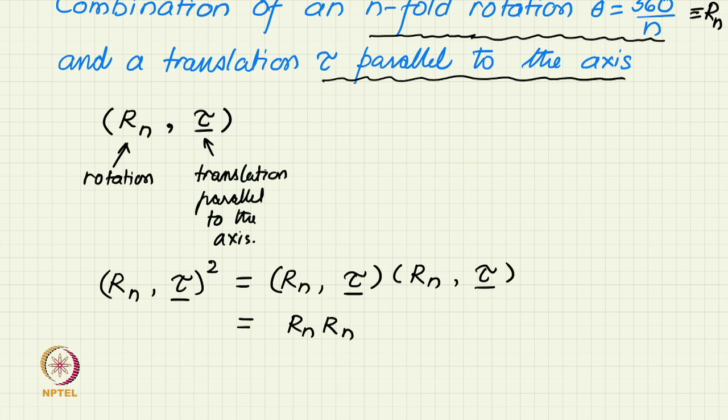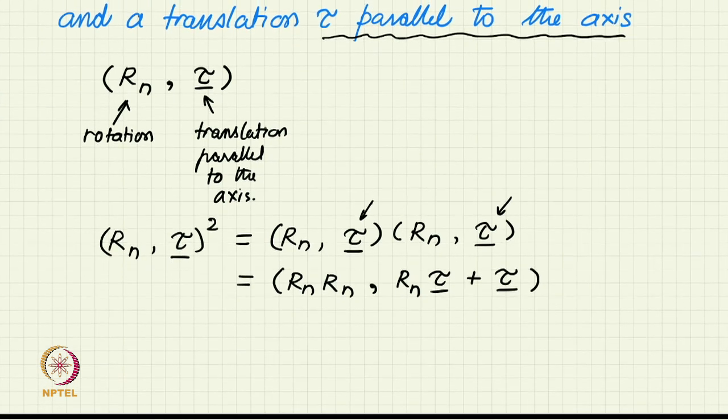So, the 2 matrices will get multiplied, that will be the resulting matrix of the product, and Rn will multiply with tau from here. The first matrix Rn multiplies the second vector tau, and then we add the first vector, which is also tau in this case. So, we get this as the product of our sites operator, which we have discussed in detail in previous videos.